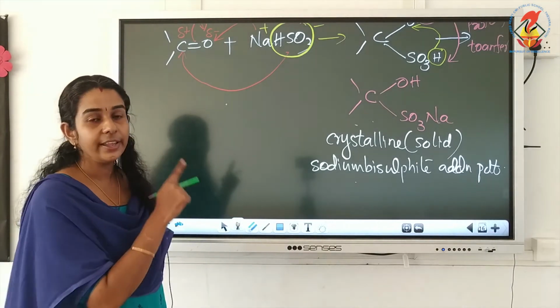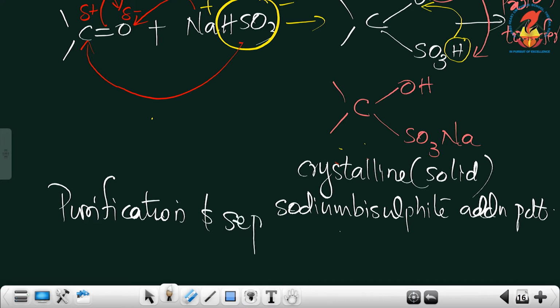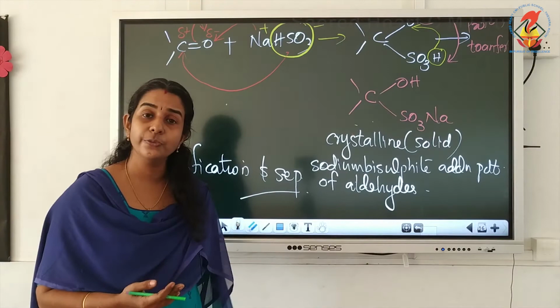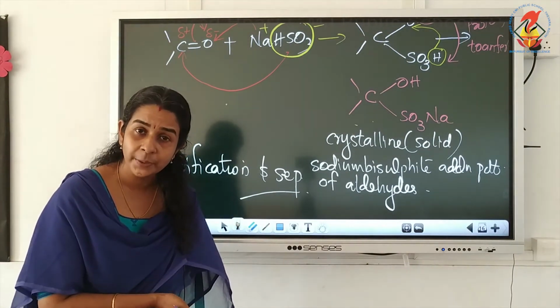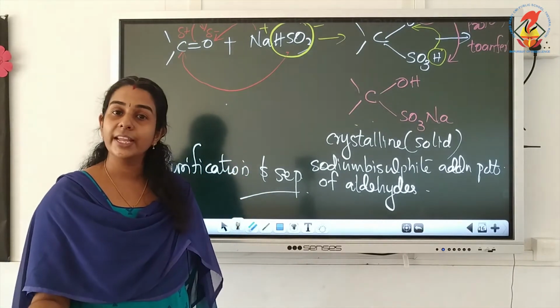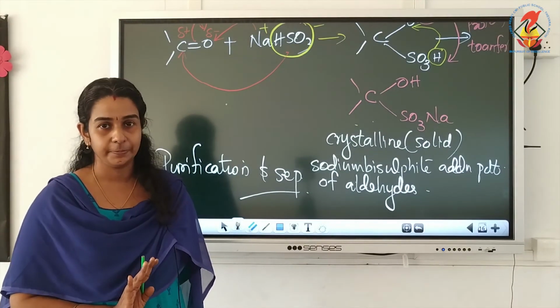Therefore, this reaction is used for the purification and separation of aldehydes. What do you mean by the purification and separation of aldehydes? Why are we using it for the purification of aldehydes only? Because we know that if ketones undergo this reaction, the rate will be less, and we know the reason: due to steric reason and electronic reason.